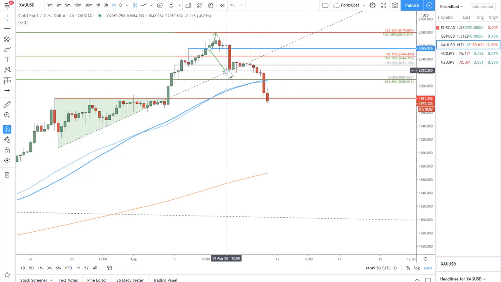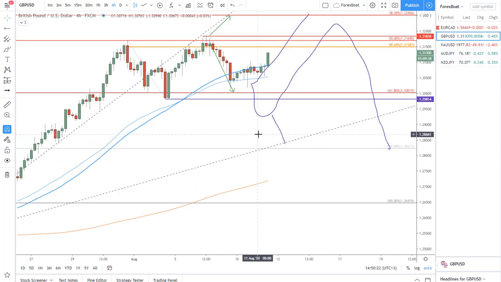We saw the breakout below the uptrend trend line, below the 200 exponential and simple moving averages. Although now price is retesting the resistance of the triangle, and for now maybe consolidation. There is no clear view as to whether it will be a very fast decline or not, but it certainly seems like price might be continuing to go down, the price of gold obviously.